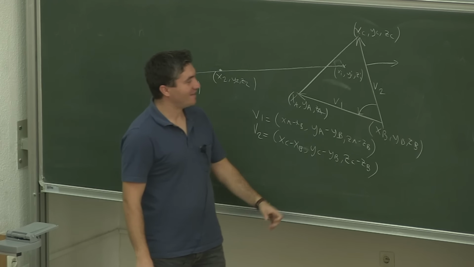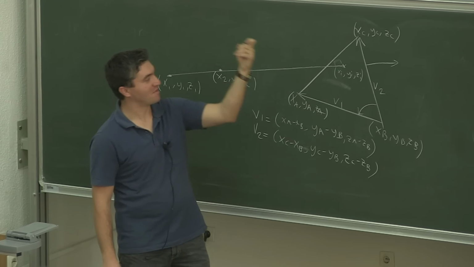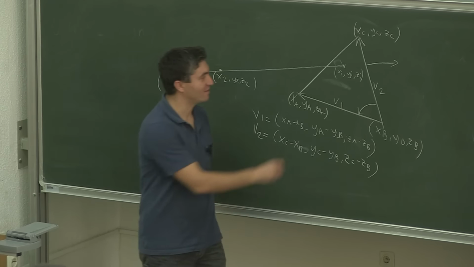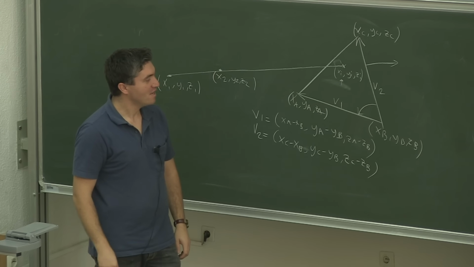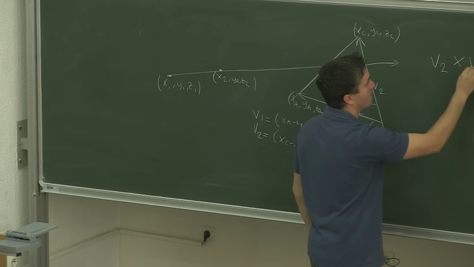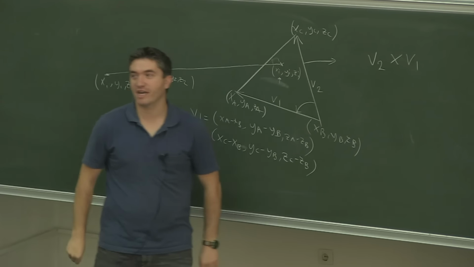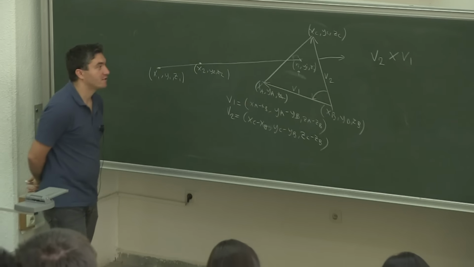It's something like this, the way the triangle looks, the normal maybe looks something like this. If we do v2 cross product v1, we get a normal vector.